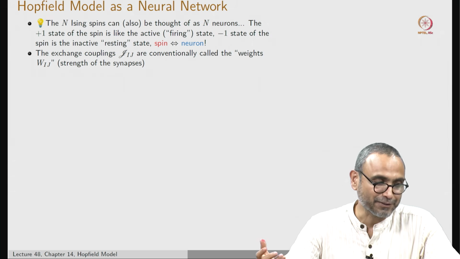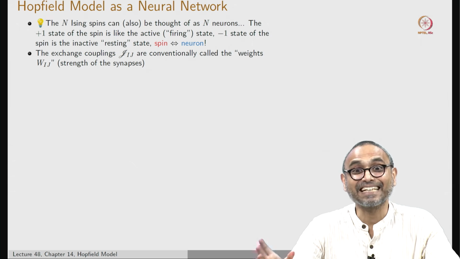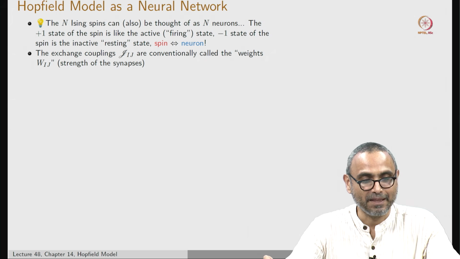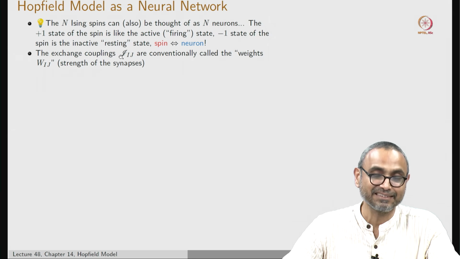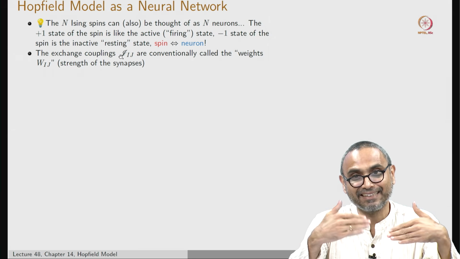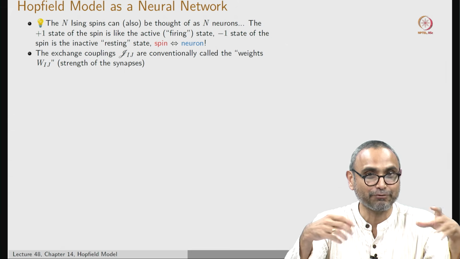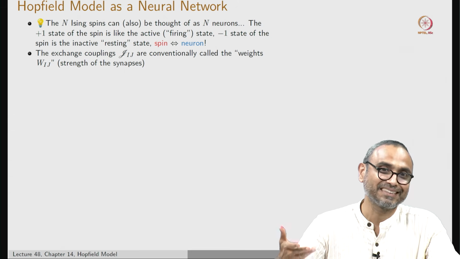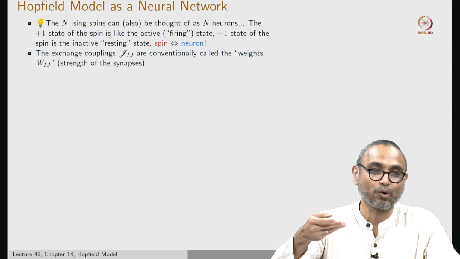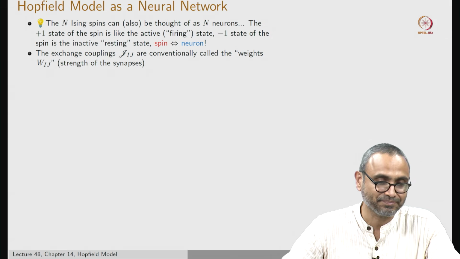Now I had mentioned a couple of slides back that the memory is stored in the strengths of the synapses, and this is exactly what we are now seeing: these Jij's, which were developed by looking at each of the patterns and finding the outer product of them and summing over them, are the couplings that encode the patterns that are to be remembered.